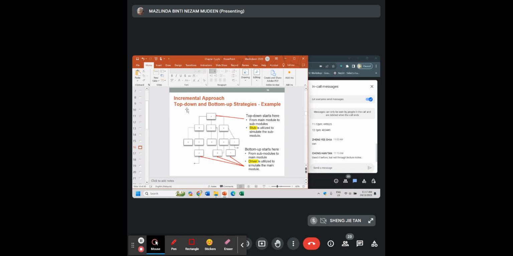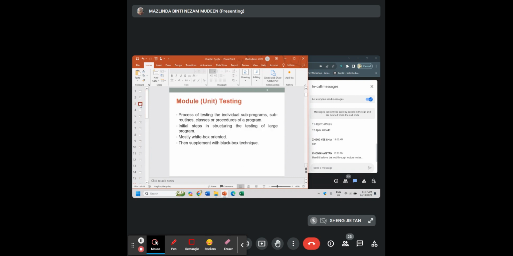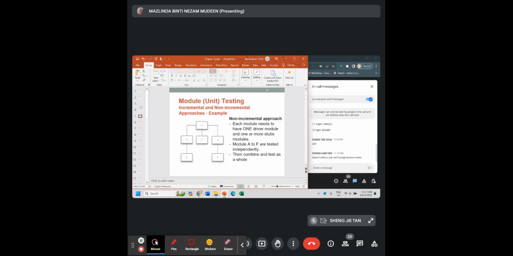Just now we talked about the incremental approach. We always need to decide whether we are going to start from the top, which means starting from module A and moving down to E and F, or use the bottom-up strategy where we start from E and F and then go up to the main module.